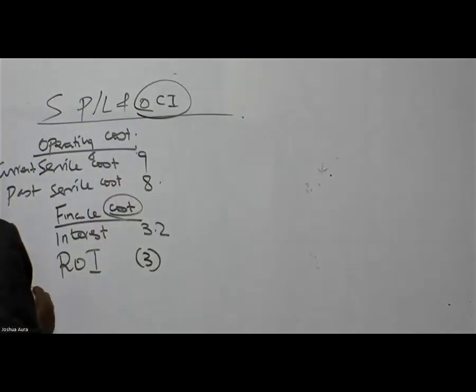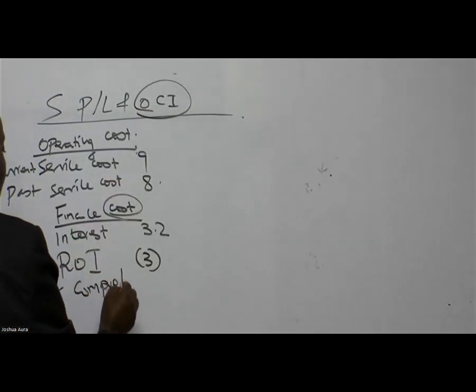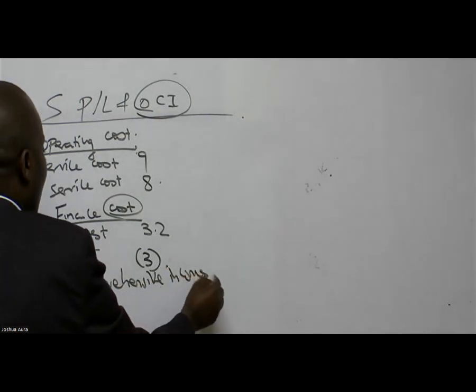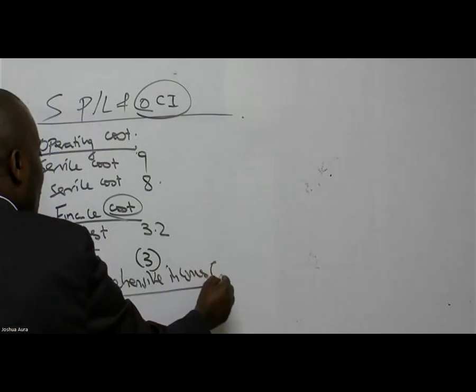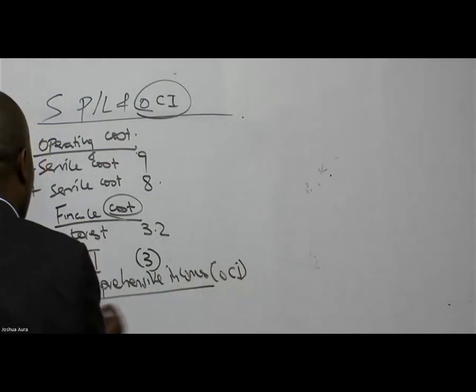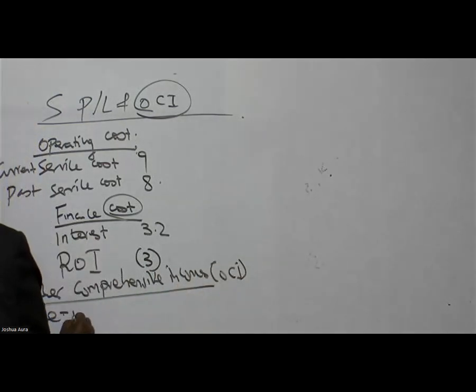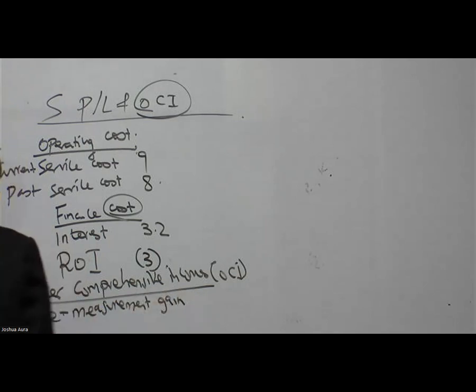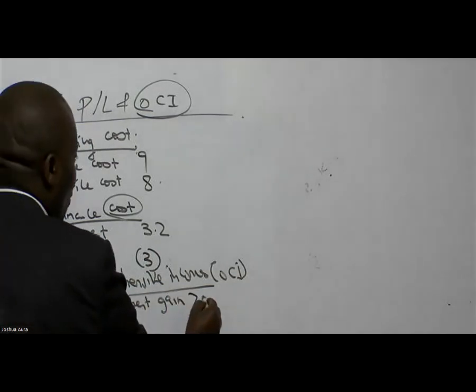So mention there other comprehensive incomes, OCI. Give us the famous remeasurement gain, which you got as what here?